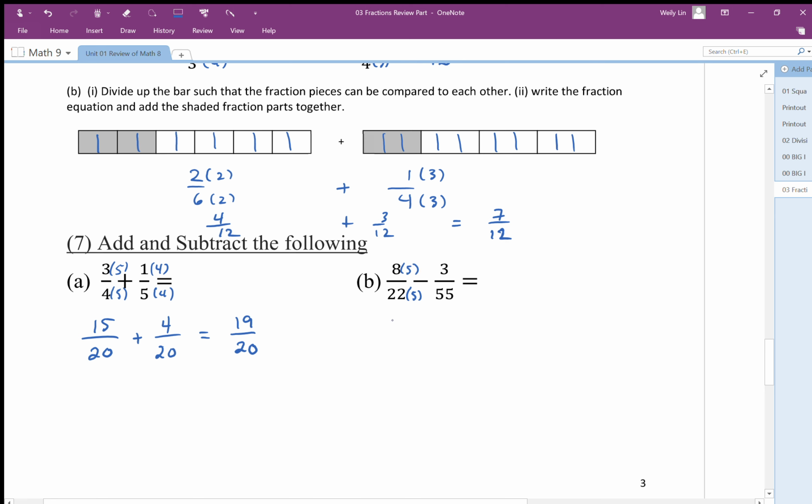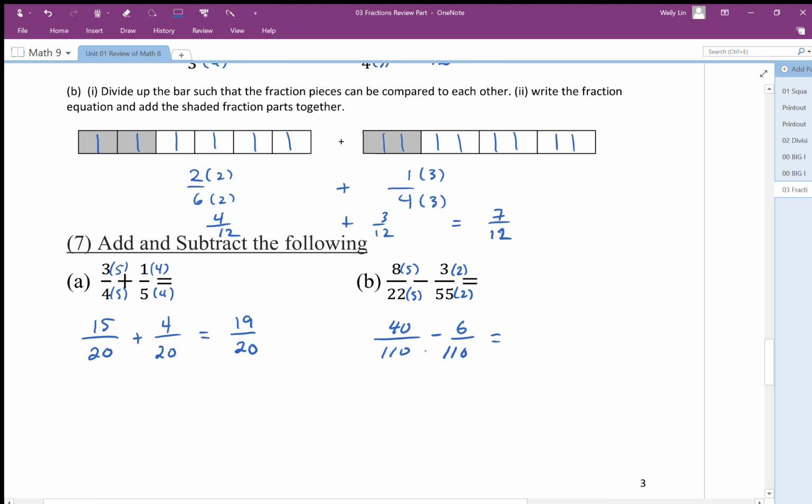And that's going to give me 40 over 110. If I do multiply by 2 here and 2 here, the missing factor on this side is 2. The missing factor on this side is 5. And they share a common factor of 11. So we don't need to reuse that common factor of 11 to get a common denominator. So we end up with 6 over 110.